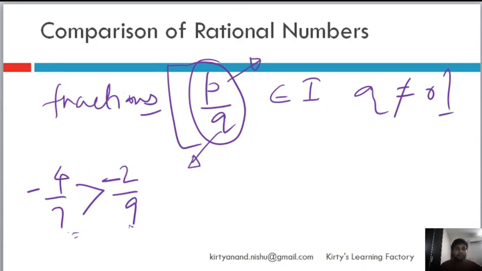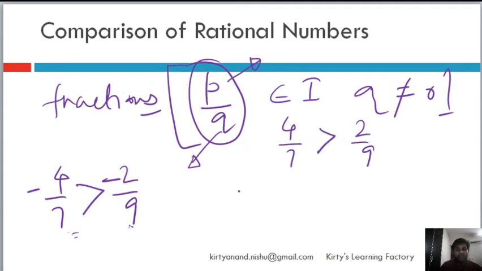So if I have to compare two negative rational numbers, what do I do? See, first of all, for a moment I assume that there is no negative sign, so I will simply compare 4 by 7 and 2 by 9, in which I find out that 4 by 7 is larger than 2 by 9.